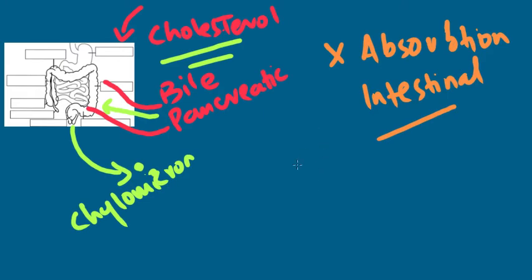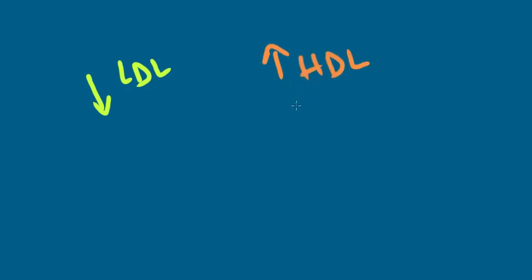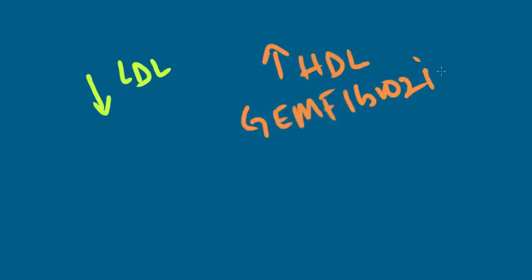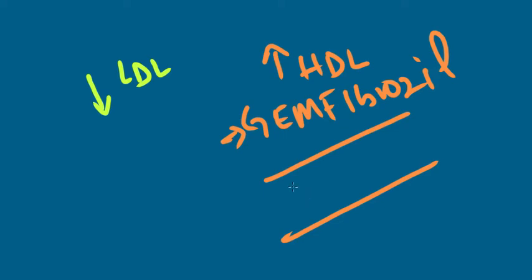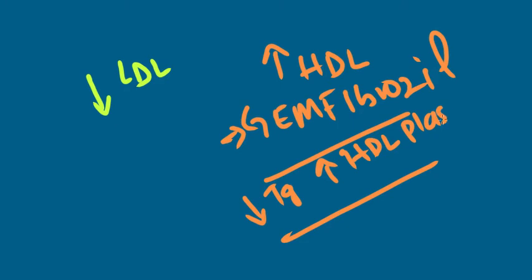But how can we increase the level of HDL? We have this amazing pharmacological agent, gemfibrozil. I may be pronouncing it wrong. It decreases the triglyceride levels in your plasma and increases your HDL plasma levels.